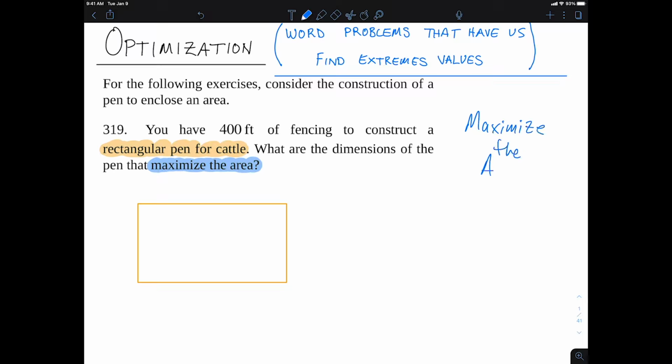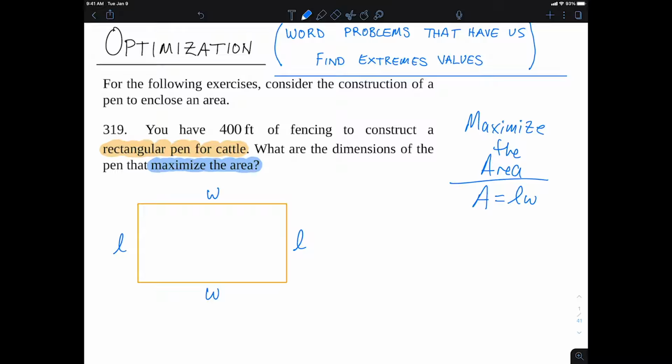So we probably will need to come up with an equation for the area, which means we might need to label the side lengths of our rectangle so that we can understand the area as length times width. So we could do a length on that side and the width on the other side. So our area is L times W, length times width, just like for every rectangle.